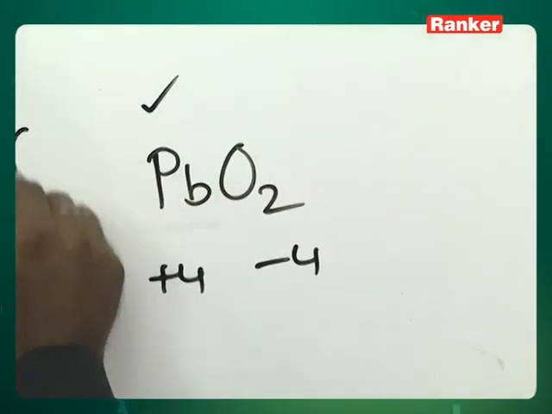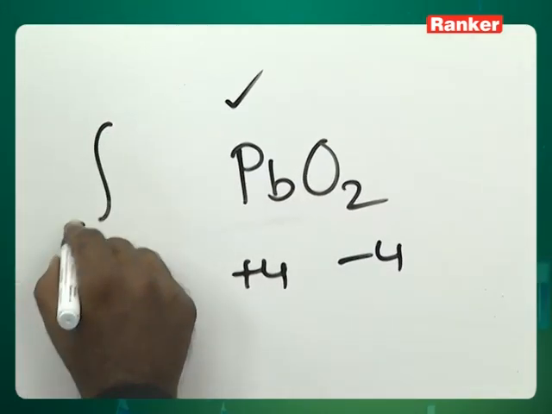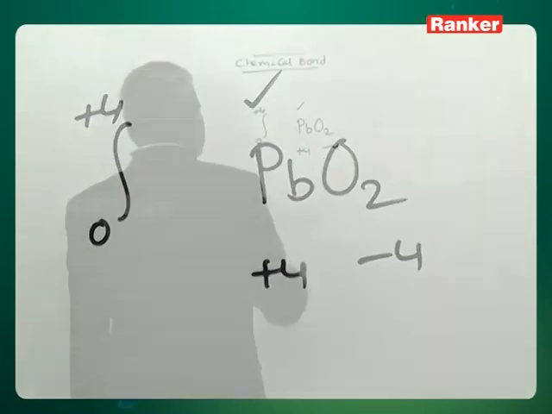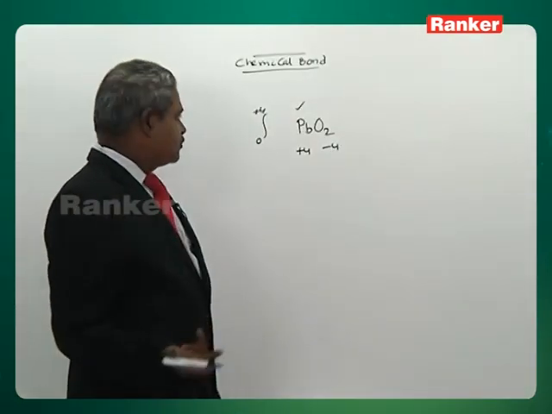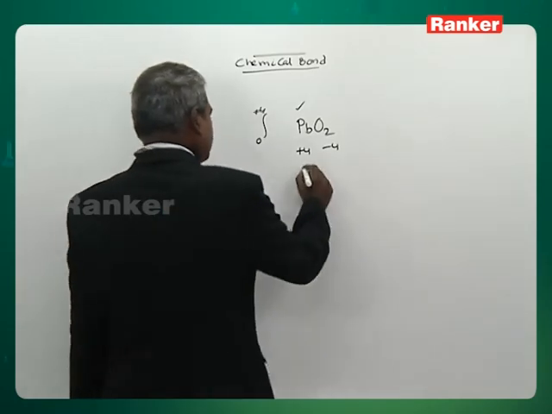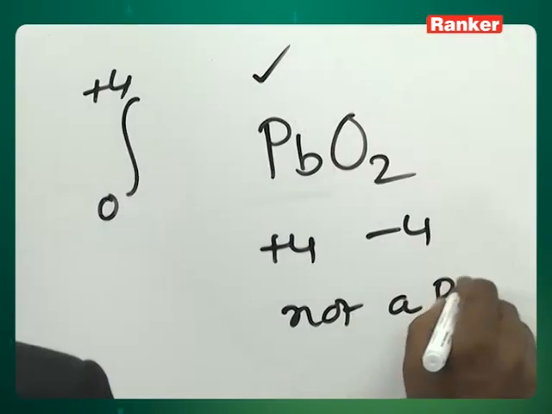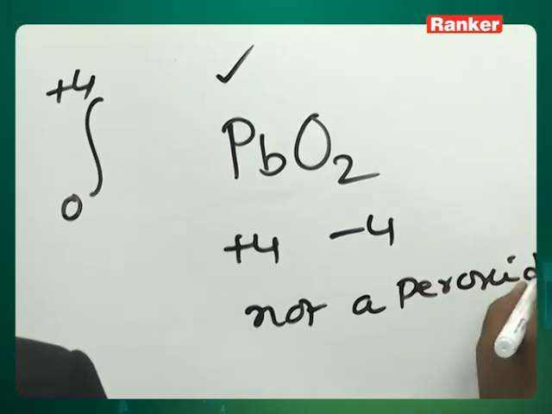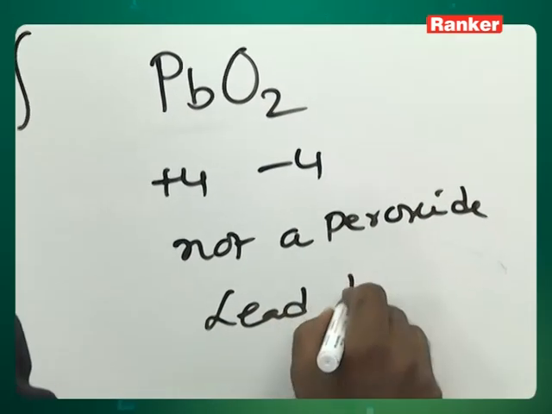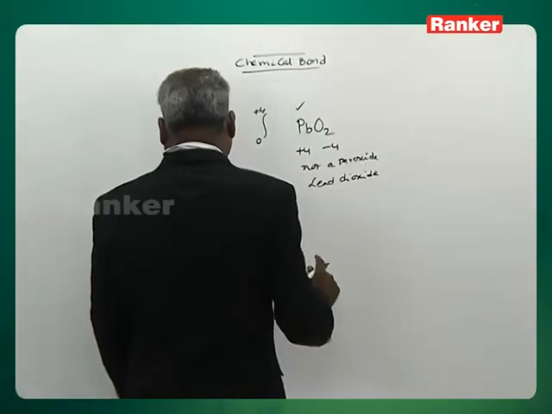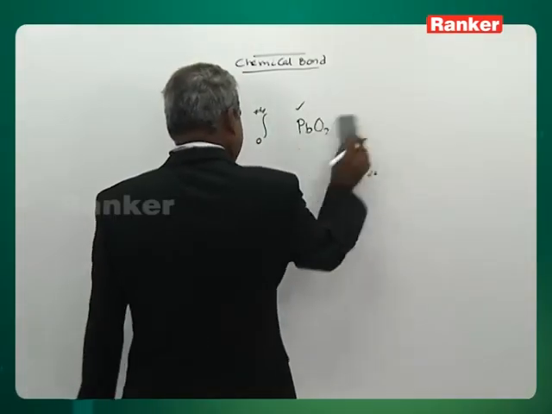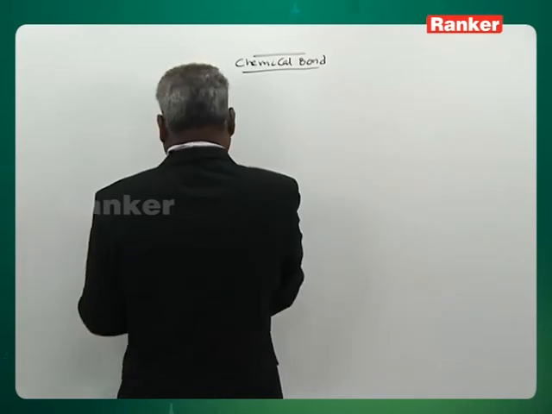Okay, because lead belongs to the fourth group. Lead being a metal, anything from 0 to +4 is okay for lead. Therefore, once again, not a peroxide. So what will be the name? Lead dioxide. Like carbon dioxide, lead dioxide, silicon dioxide, germanium dioxide.